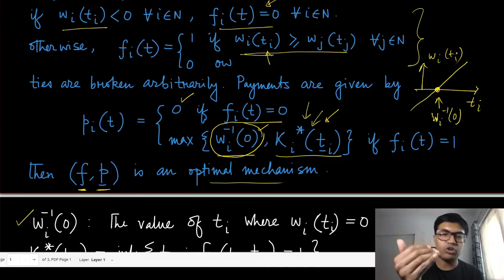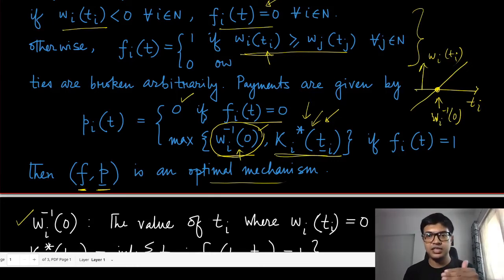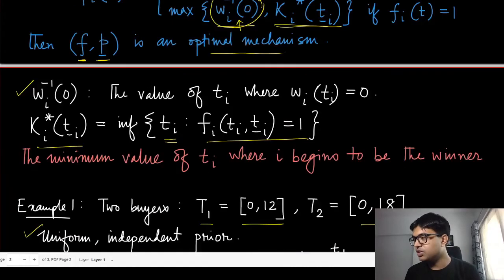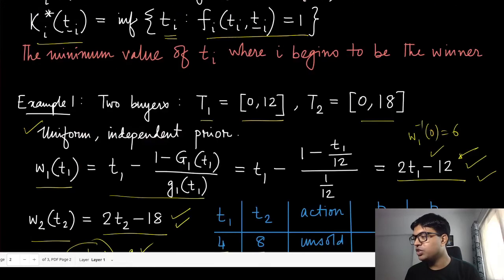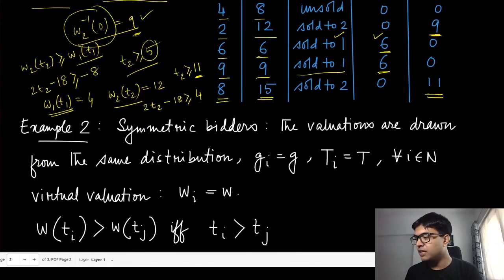If you do not cross that value, then you possibly will not win it. And if between these two points, this becomes the larger one, so the reserve price is essentially larger than, let's say, the second highest bid, then you actually pay the reserve price, not the second highest bid. That is exactly what this mechanism is trying to do. So this is a sort of intuition that you can keep in mind.